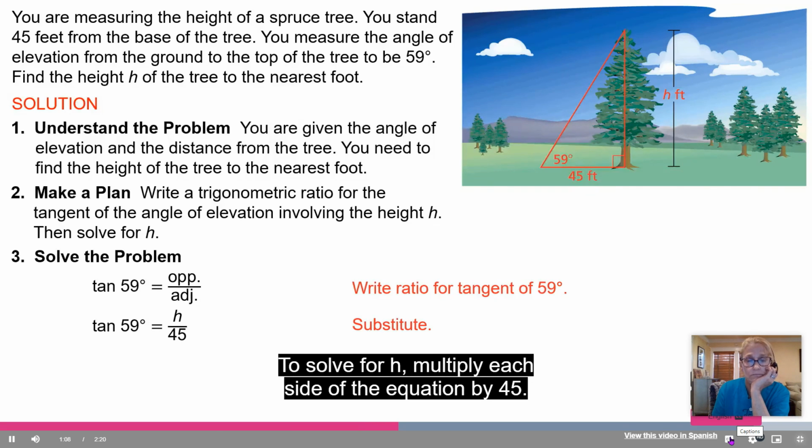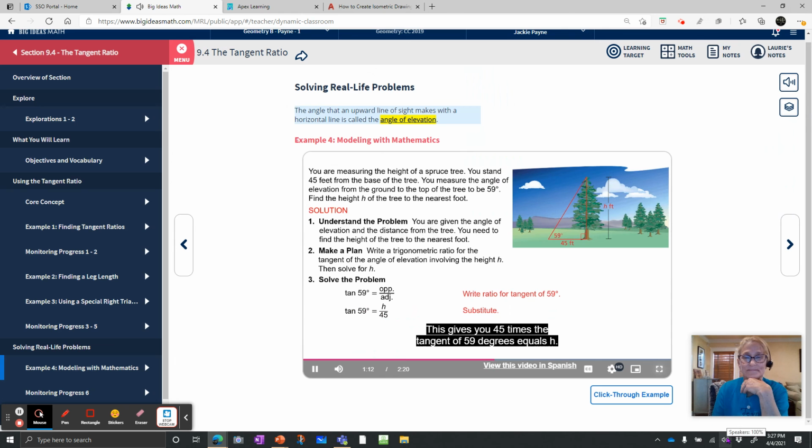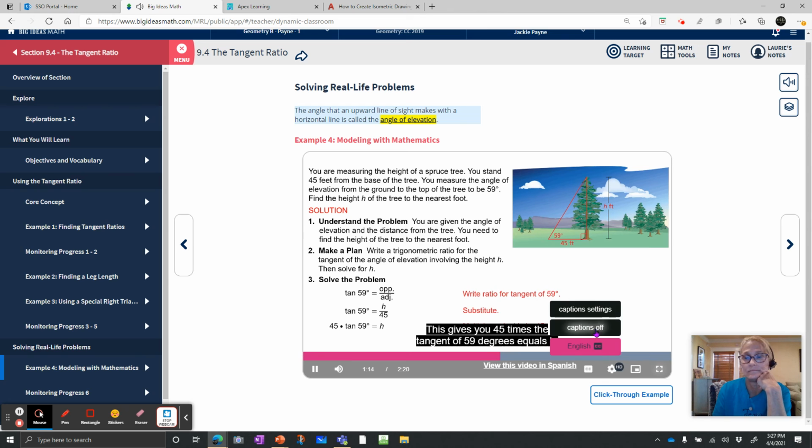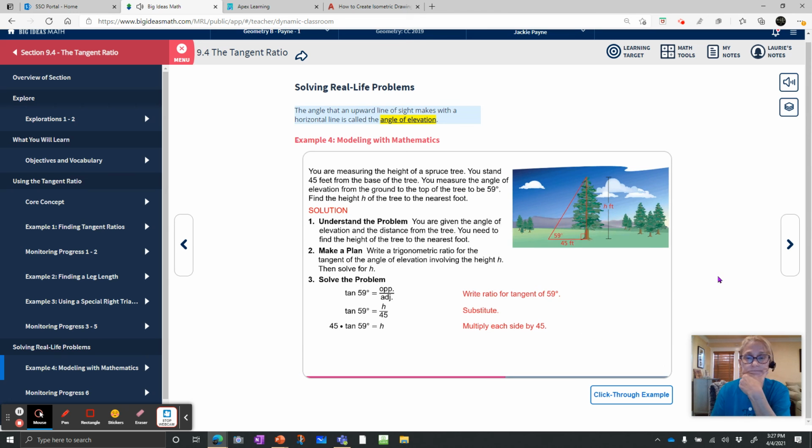To solve for h, multiply each side of the equation by 45. This gives you 45 times the tangent of 59 degrees equals h. Using a calculator, you get 74.9 is approximately equal to h. So the tree is about 75 feet tall.